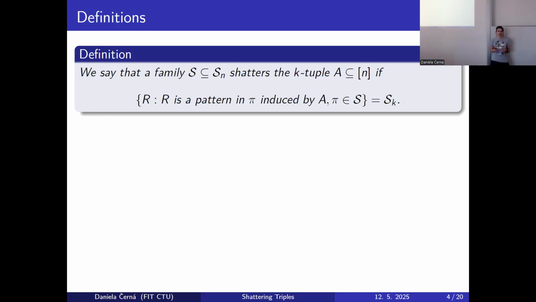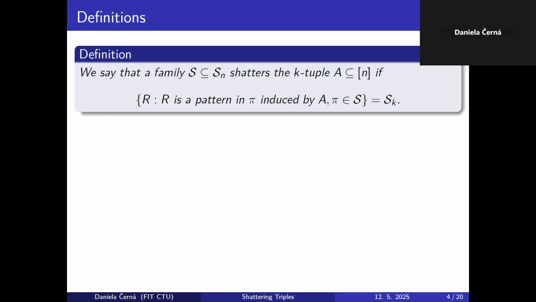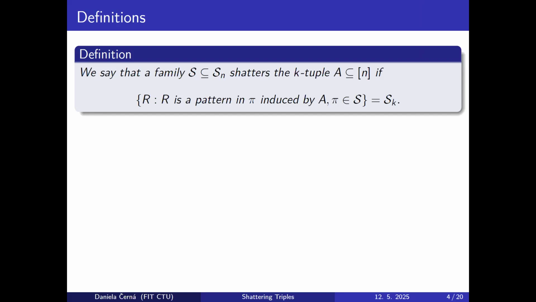If you look at the definition, it is clear that if the size of this family is less than the size of S_k, I cannot shatter anything because I do not have enough permutations to generate all possible permutations.